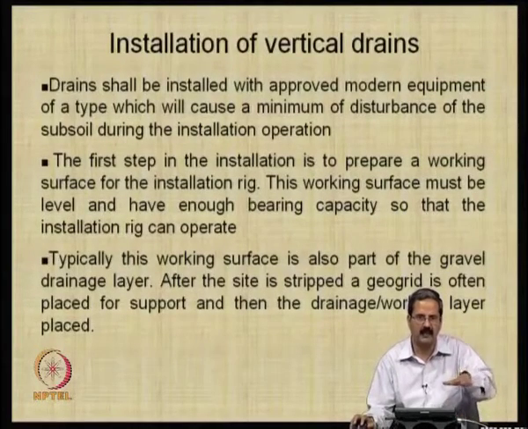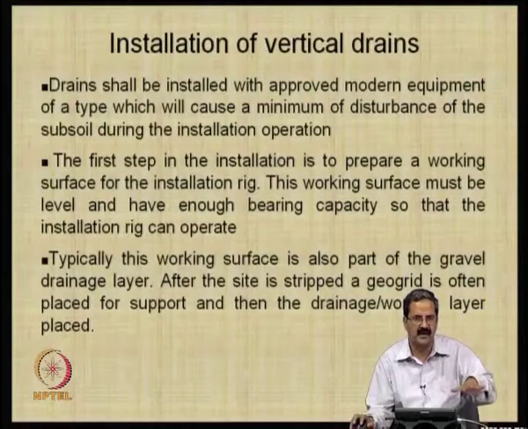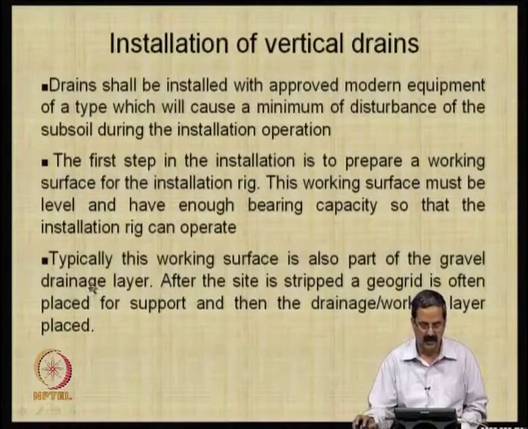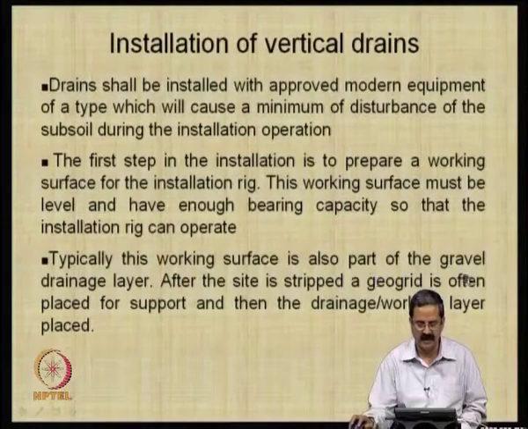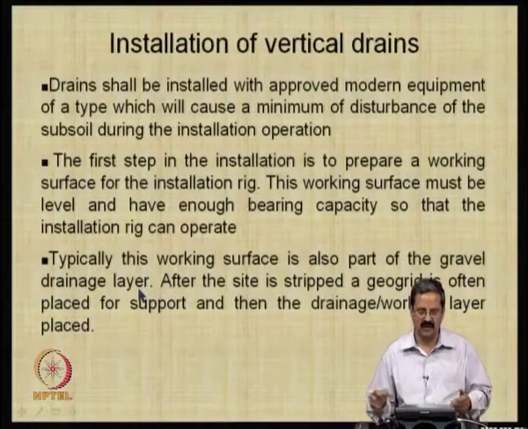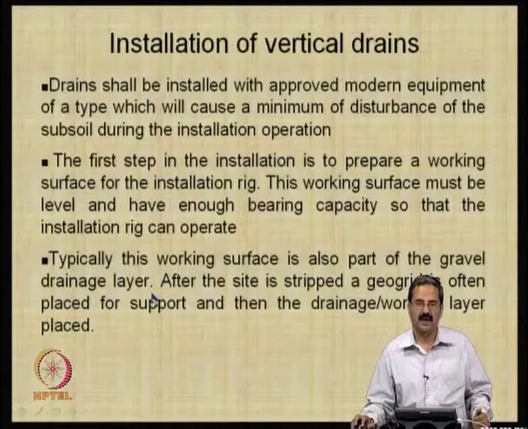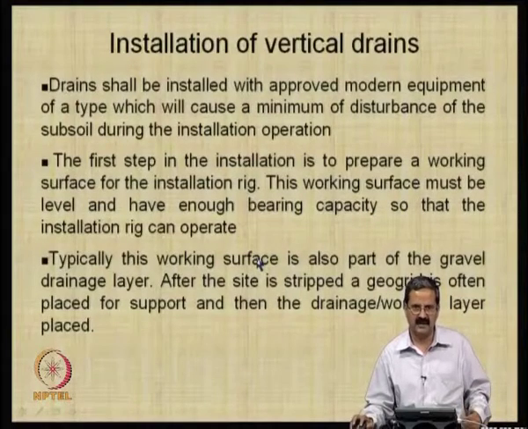You may have to create a working platform for the crane to stand and then execute the work with some sort of arrangement. So, typically this working surface is also a part of the gravel drainage layer. As you just saw, the drainage layer is at the top, and if this working surface can be a part of the drainage layer, it is nice because it is comfortable.